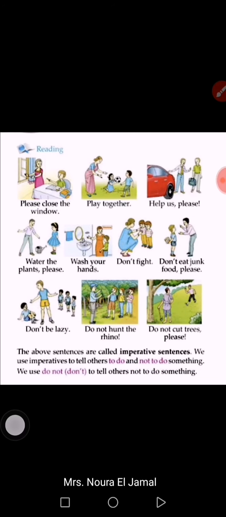Before we say the meaning of imperative, I want you to look at these pictures and read these sentences with me. Look at the first picture here. Please close the window. Play together. Help us, please.